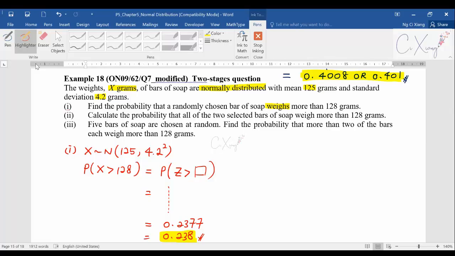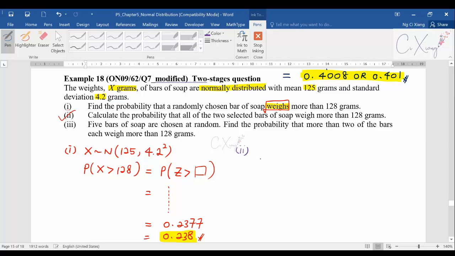Now, the first part, they are talking about the weight of bar soap. Then part number 2: calculate the probability that both of the 2 selected bar soaps weigh more than 128. So now you have 2 soaps here. The first one is more than 128. The second one also more than 128.